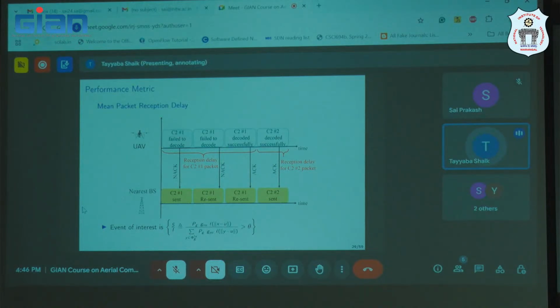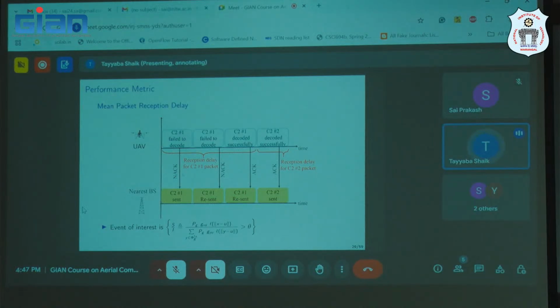When I say mean of reception delay, there are different sources of randomness, right? If you recall from today's course only, in the second or the third slide, we were discussing what the expectation should be upon. It should be on the fading gains, because the source of randomness comes from the G factor that was present in the path loss, or even the distances, because if you remember, there was a text in red: can D be random? Even D can be random.